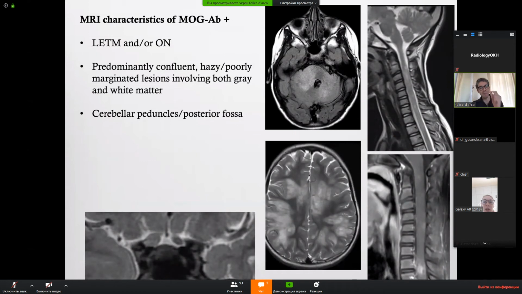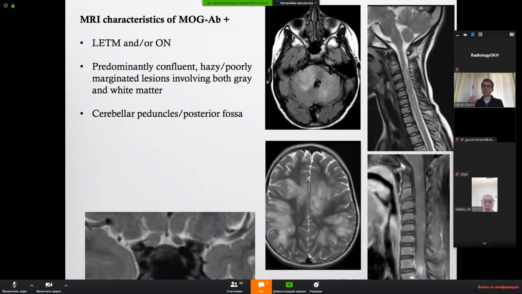Okay, so what am I saying? That in the MRI characteristics of MOG antibodies, they can have extensive transverse myelitis, so basically extensive involvement of the cord, and optic neuritis. So they can look like neuromyelitis optica, but they can also look like ADEM, with a particular predisposition to develop lesions in the posterior fossa and the middle cerebellar peduncle.